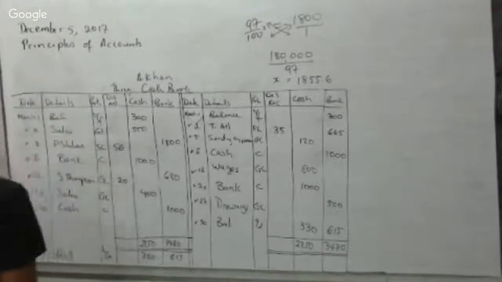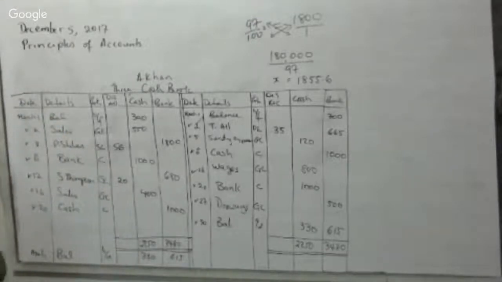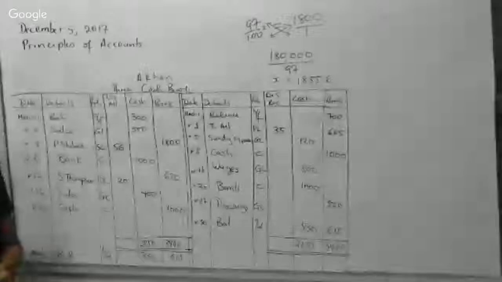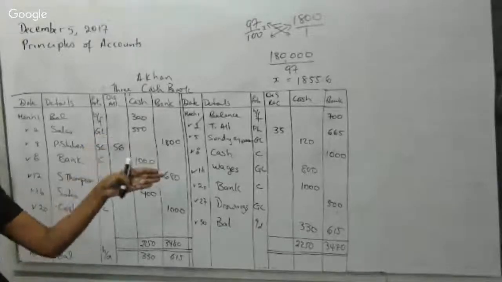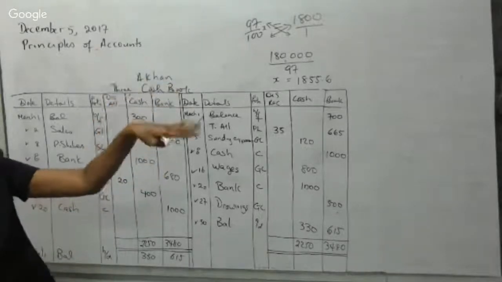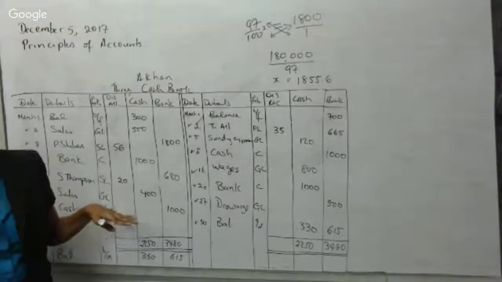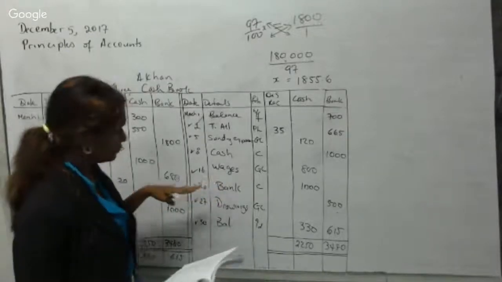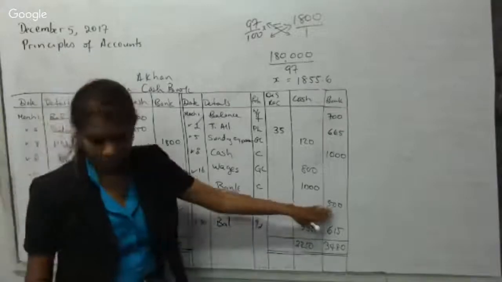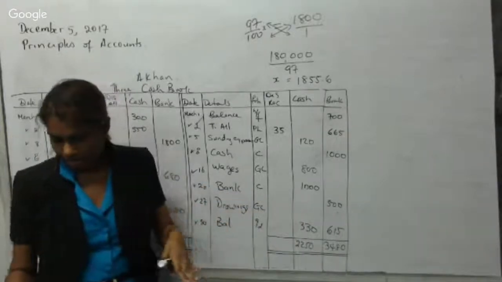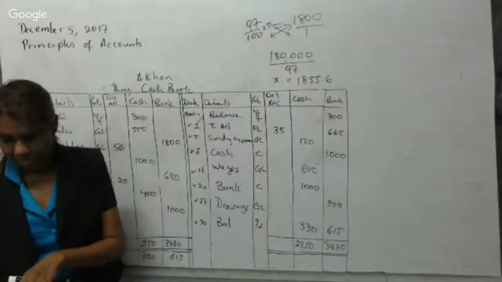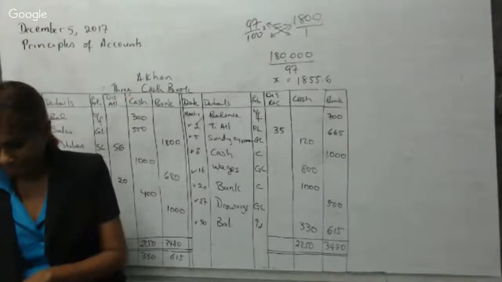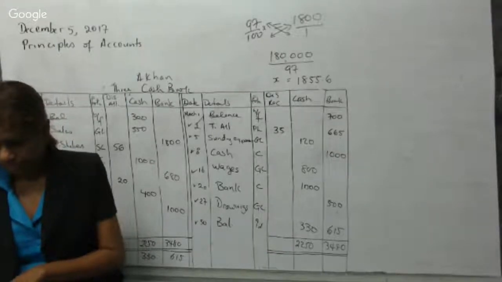Standing order for an insurance premium of $700 has been paid by the bank. Standing order, updated cash book, credit side. A check for $500 drawn for personal use on March 27th was not among the cancelled checks returned with the statement.